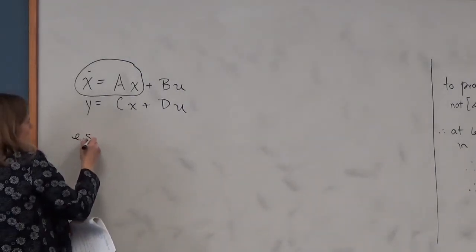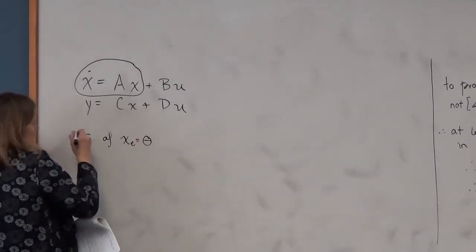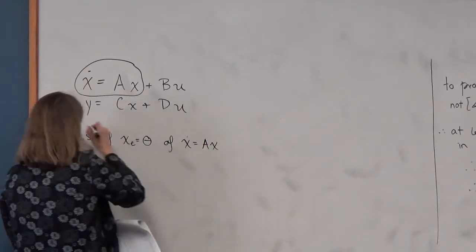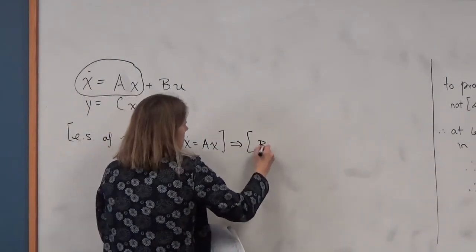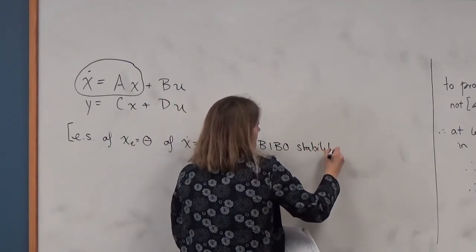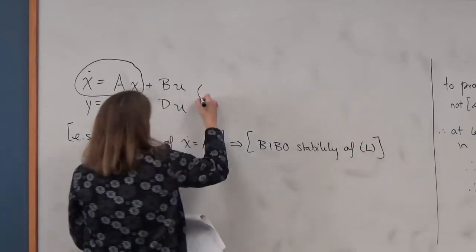So exponential stability of the equilibrium of x dot equals Ax implies bounded input, bounded output stability of L, where L is this whole system.